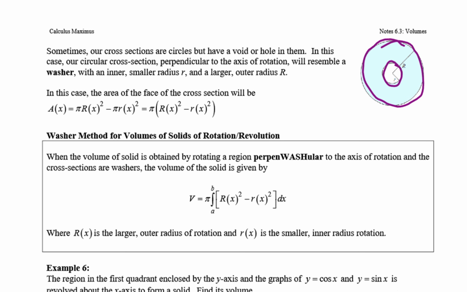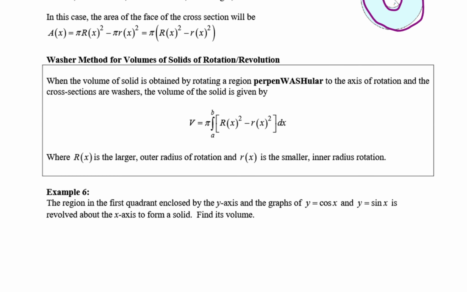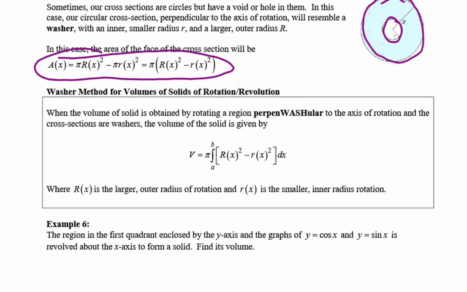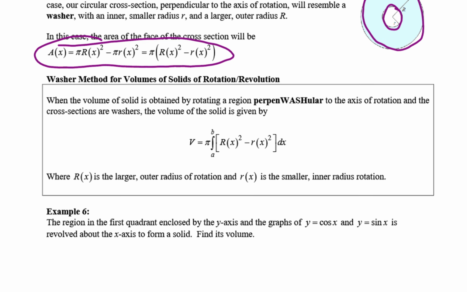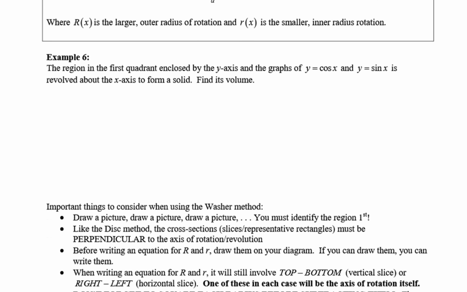And remember, you have to make sure that you do pi times the radius squared when you set up your integrals. We're going to call this perpendicular, because we're perpendicular to our axis of rotation. So maybe you'll remember that we had perpendicular and perpendicular. So right now we're focused on making our slices perpendicular to the axes we're going to rotate around.